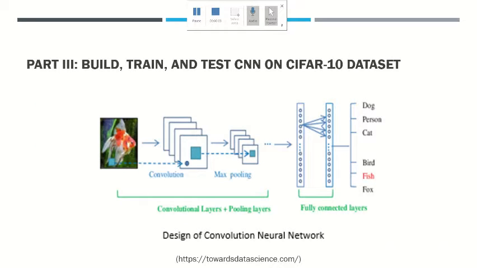So for part 3 of the project, we're going to build, train, and test the CNN on the CFAR10 dataset. Right here is an overview of the design of the CNN model. It starts off with this image of the fish, which is the input that we're going to be throwing into the model.